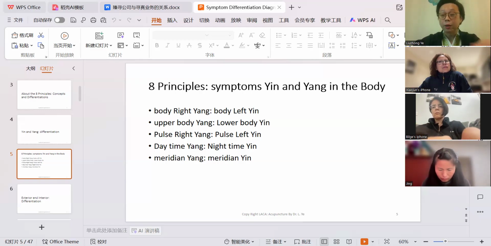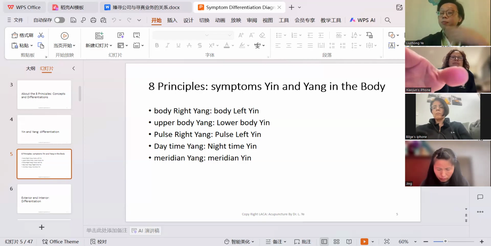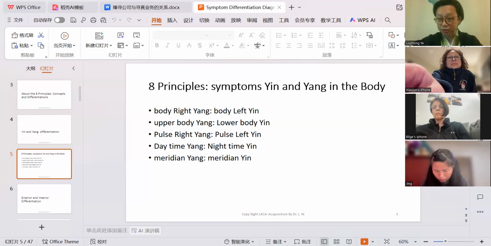With the A principle, it will be clear, runny, watery discharge, because of cold and damp. But if people have it on the left side, and it's not clear, watery discharge, it's actually thick and yellow, that would be heat in that case, right? Heat, but because it's left side, that indicates the yin deficiency heat.